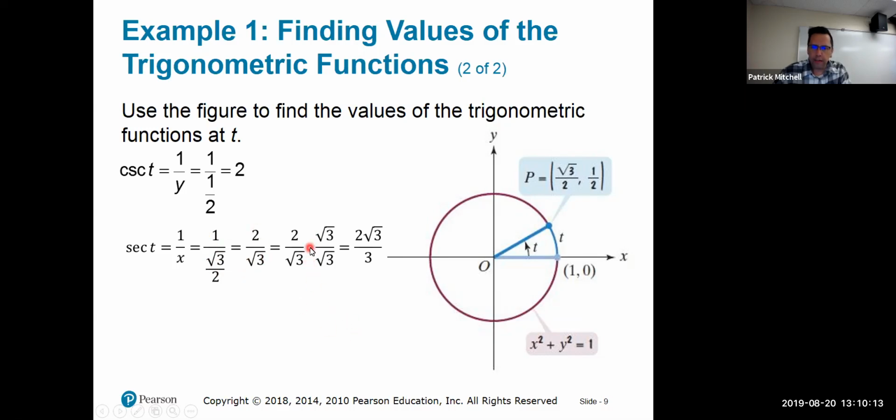I rationalize the denominator, I get 2 root 3 over 3. And then finally, the cotangent of t is going to be x divided by y. Root 3 over 2 divided by 1/2, just multiply the top and the bottom by 2, you get square root of 3 over 1, which is just square root of 3.